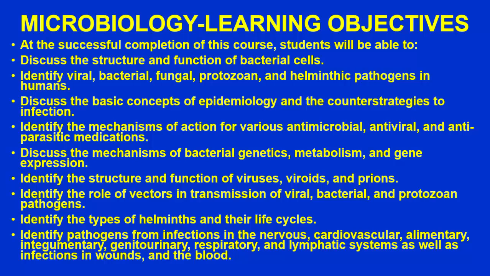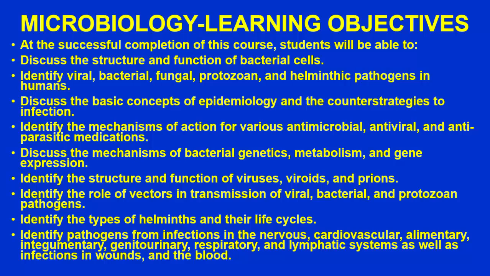At the successful completion of this course, the students will be able to, and I list all the learning objectives. This is also put into the syllabus as well as the prior page. Basically, they're going to be able to discuss the structure and function of bacterial cells, identify viral, bacterial, fungal, protozoan, and helminthic pathogens in humans, understand the basic concepts of epidemiology and counter strategies to infection, the mechanisms of action of various antimicrobial, antiviral, and antiparasitic medications, and discuss the mechanisms of bacterial genetics, metabolism, and gene expression.